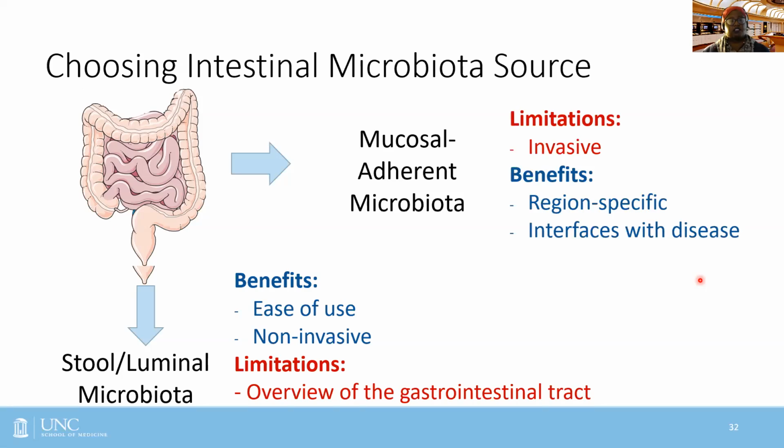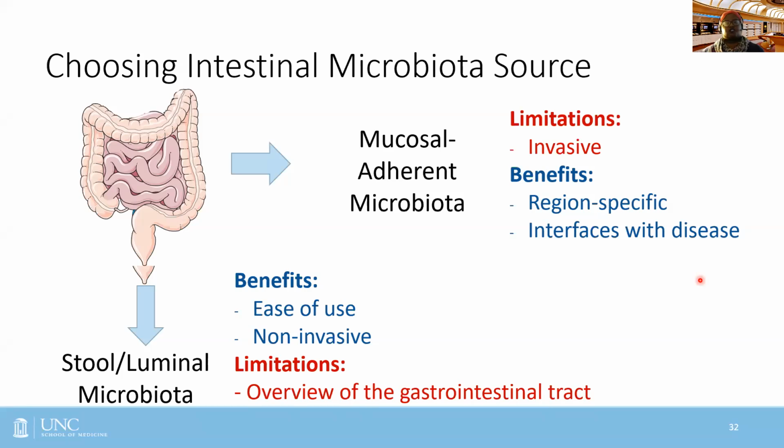In contrast, while the mucosa-adherent microbiota is an invasive procedure, these are patients who have to go in for surgery to require these samples. The benefits are we're getting a region-specific snapshot of the microbiota. So instead of getting an overview, we can look at what happens in the ascending colon part of the microbiota or in the terminal ileum part of the microbiota.